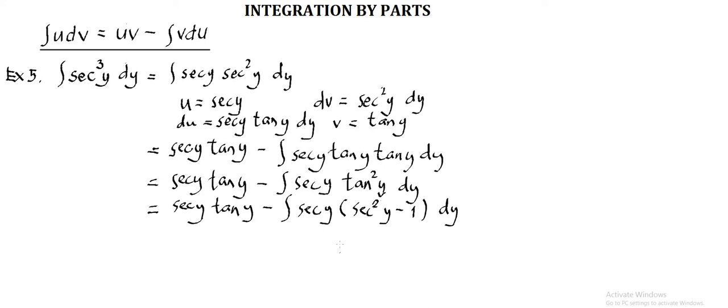Okay? Tapos nun, itong secant y, multiply natin sa loob, ano? So, we will have secant of y, tangent of y, and then secant of y times secant squared y times dy, which gives secant cubed y times dy.